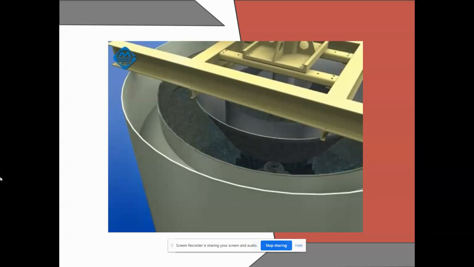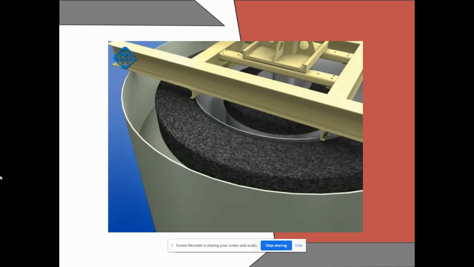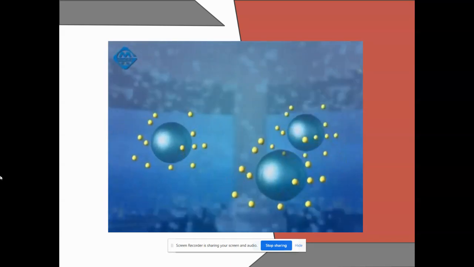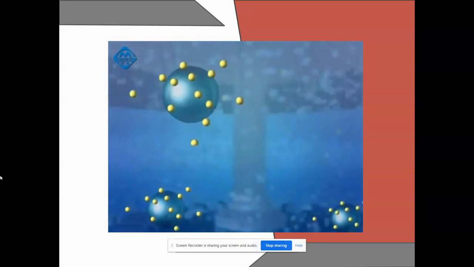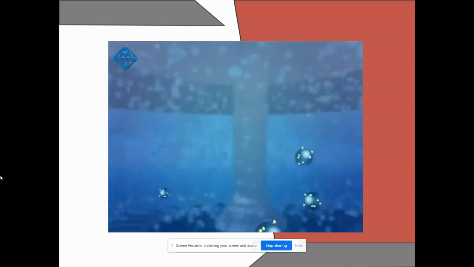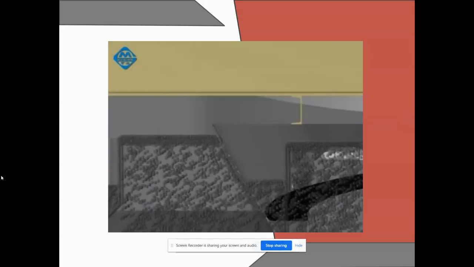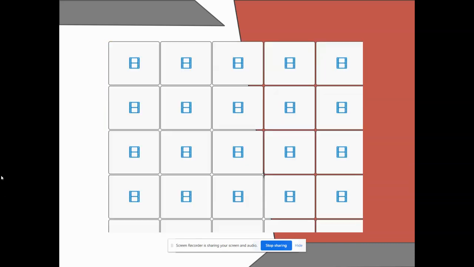With the passage of time, the froth is collected at the upper shaft. The hydrophobic minerals attach to the air bubbles, which float and collect upwards. Next slide.